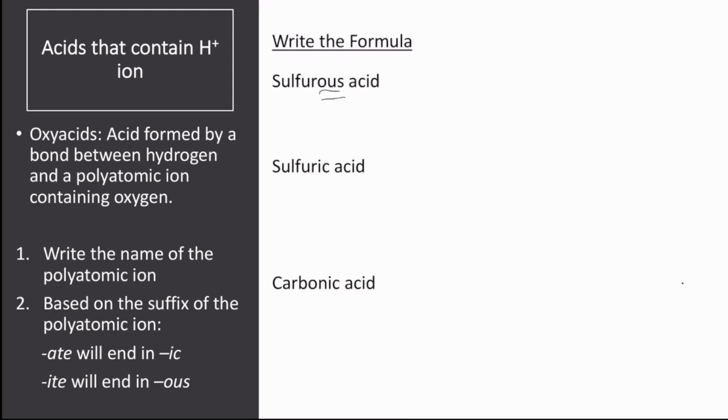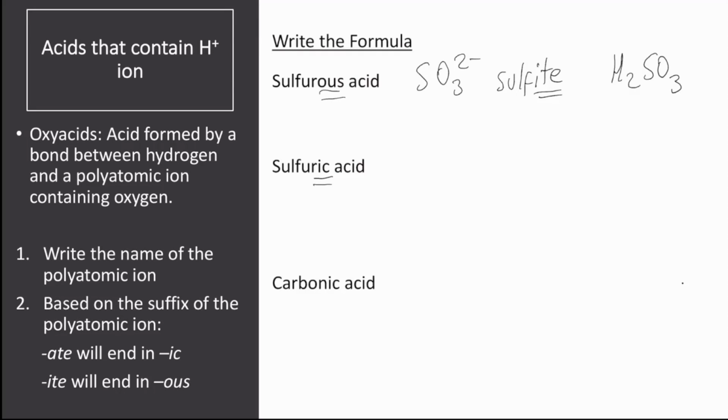So that polyatomic ion is SO3 2-, and its name is sulfite. Remember that ite means the lower oxidation state. So the formula of this would be H2SO3, sulfurous acid.